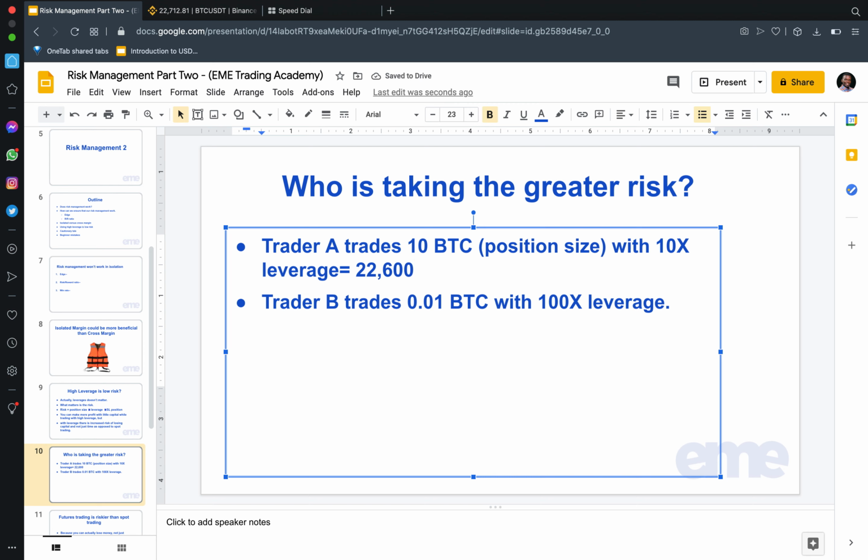This is not taking into consideration the extra amount that you have to put in to give your trade room to breathe, or the size of the stop loss position. This is just considering the position size and the leverage.